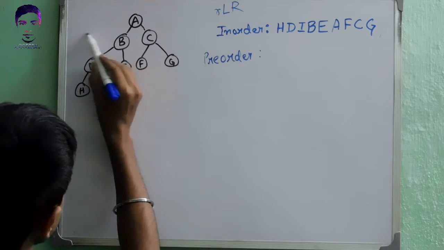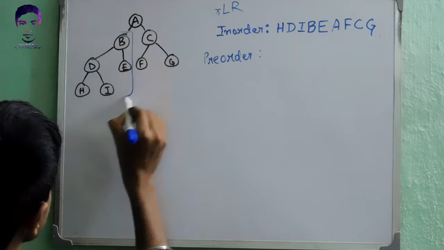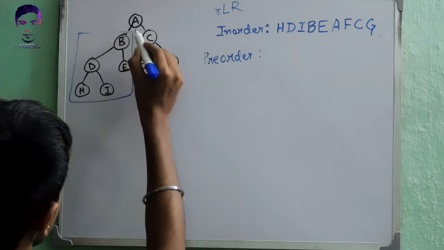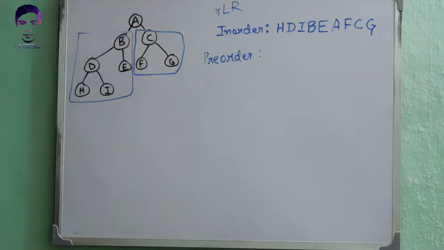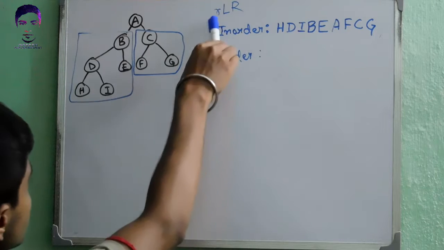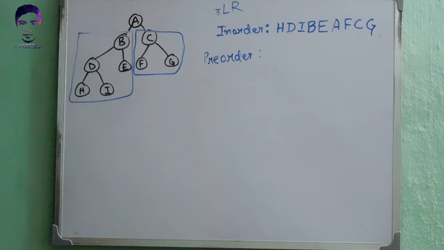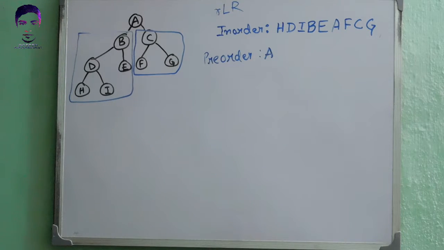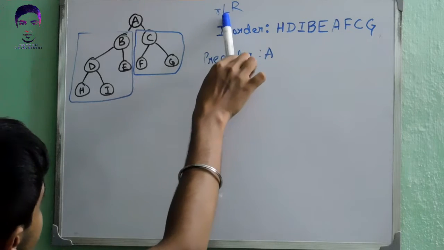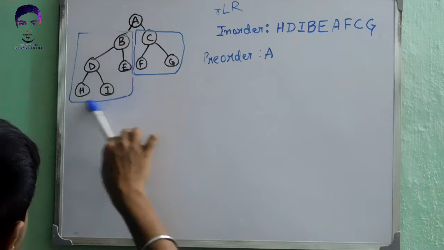Let's consider this as a subtree or a node and this whole as a node. For these two nodes, this one is the root. So according to the rule, this must come before any other node. So we need to write A here first. Now what comes next is the left one, that is this part.